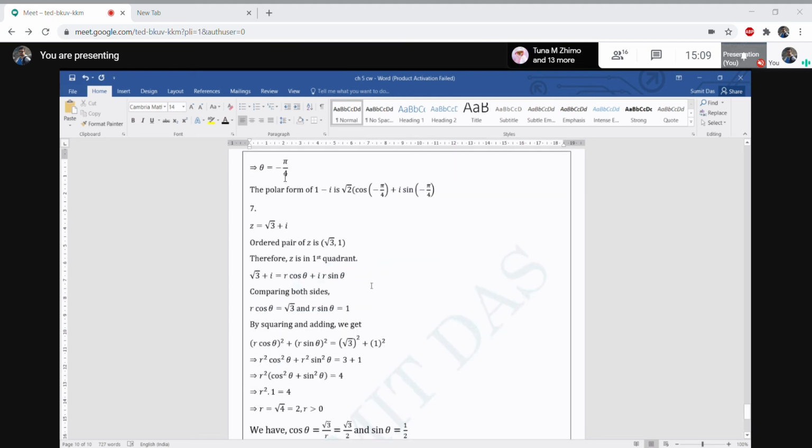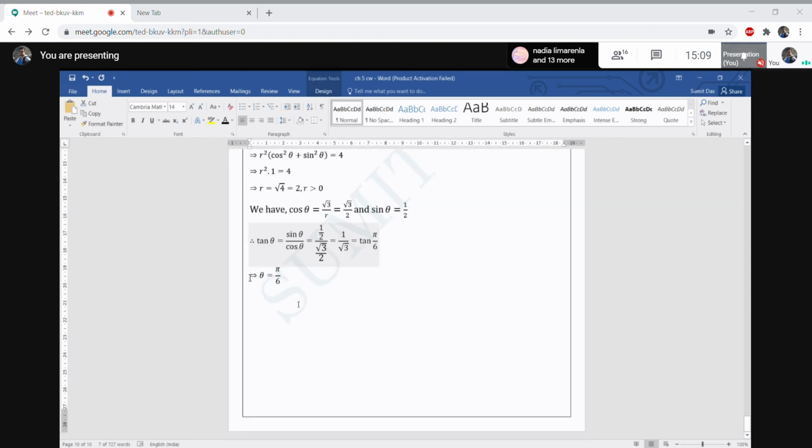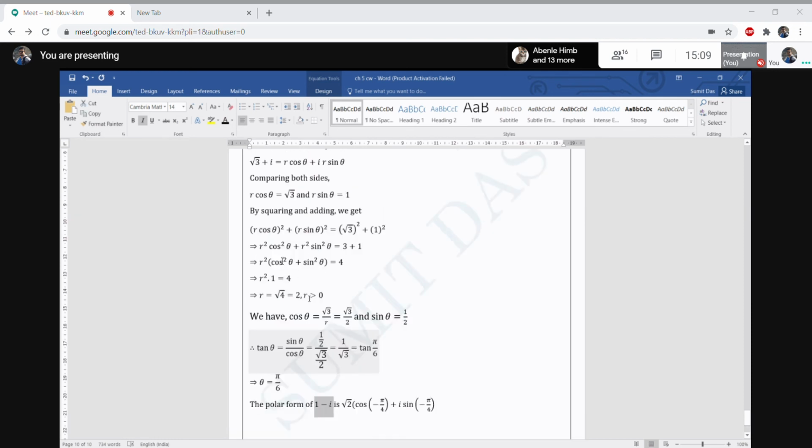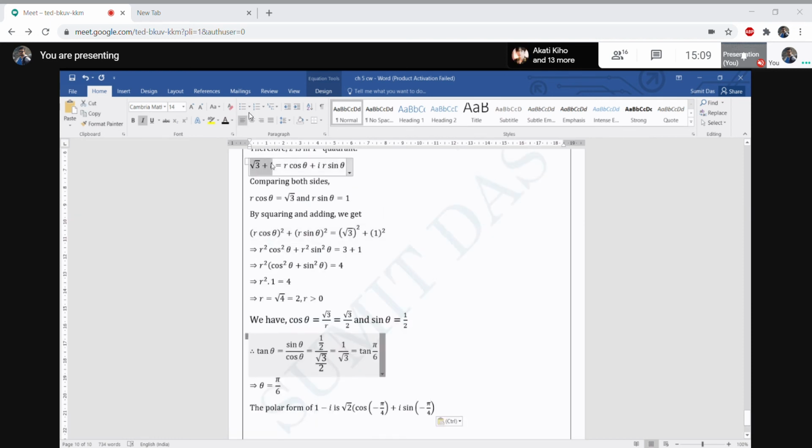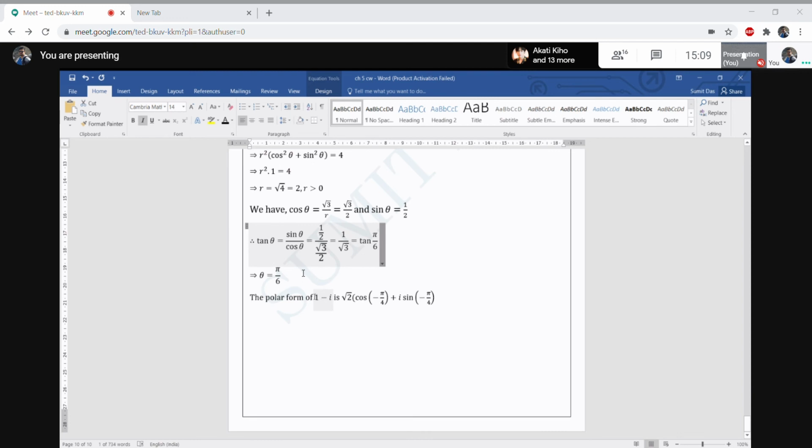Okay, then similarly we have to write the polar form. I'm writing the polar form of root 3 plus i.